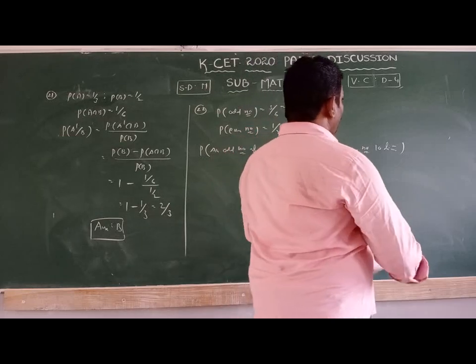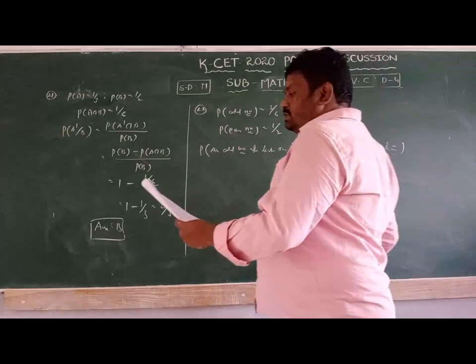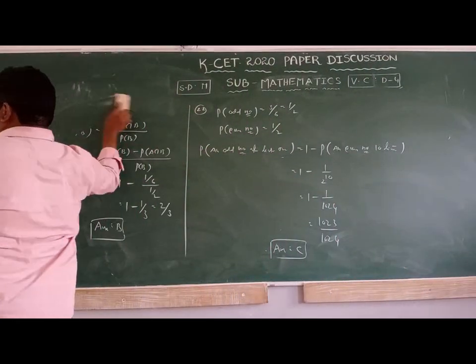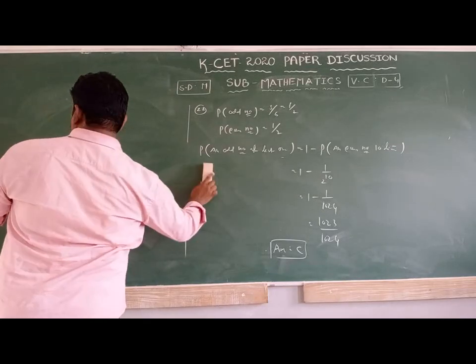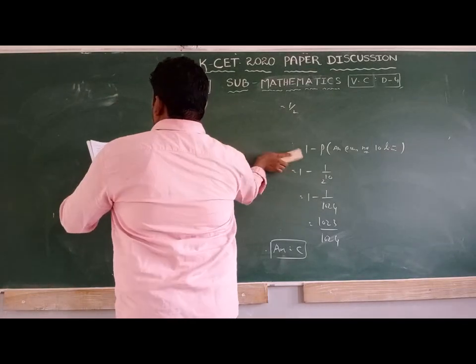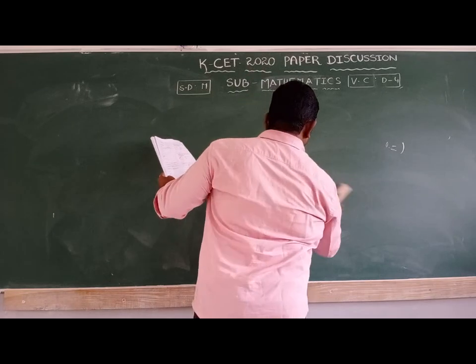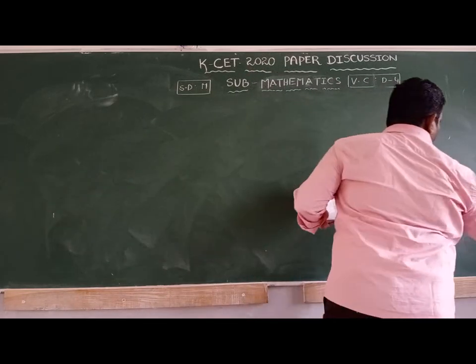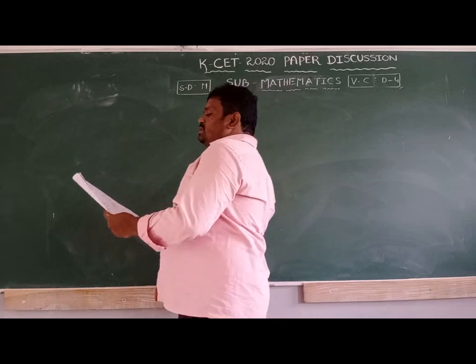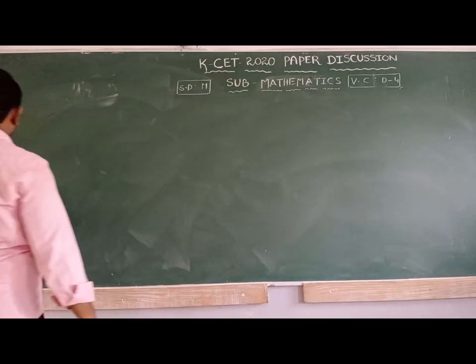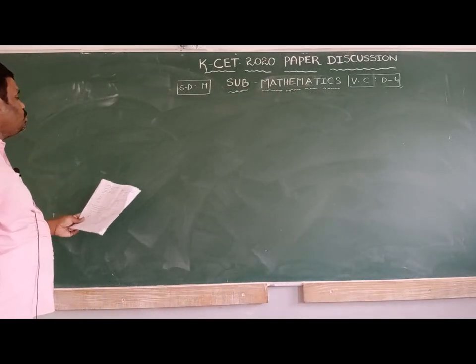Next, another probability problem. The problem is solved by 3 persons A, B, C, and their probabilities are given. Then find the probability that the problem is solved by any two of them.